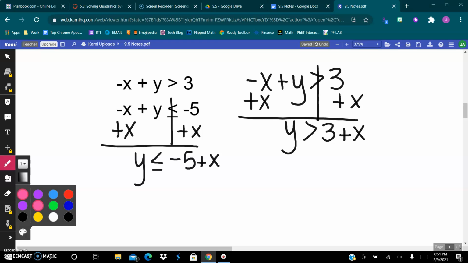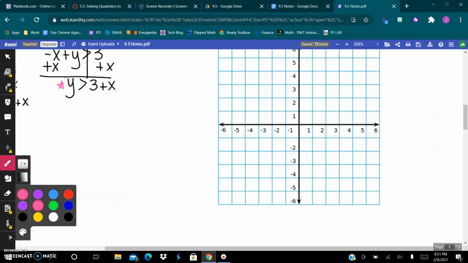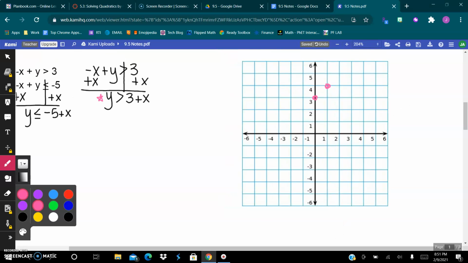Then we're going to graph. The first one here in pink, our y-intercept is that positive 3, the number by itself. Our slope is the number in front of x, which would be 1 in this case. Our inequality symbol is not underlined, so this is going to be a dashed line.